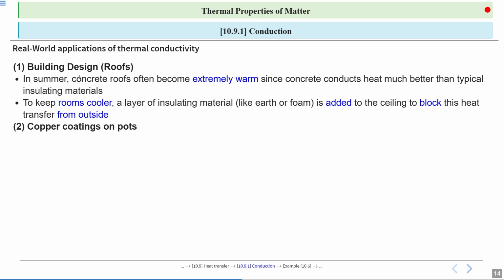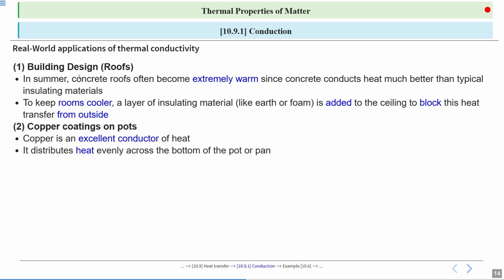Second is copper coating on pots. Copper is an excellent conductor of heat, so it distributes heat evenly across the bottom of the pot or pan. Suppose you have a pan or pot, and the bottom of the pot is coated with a copper material.